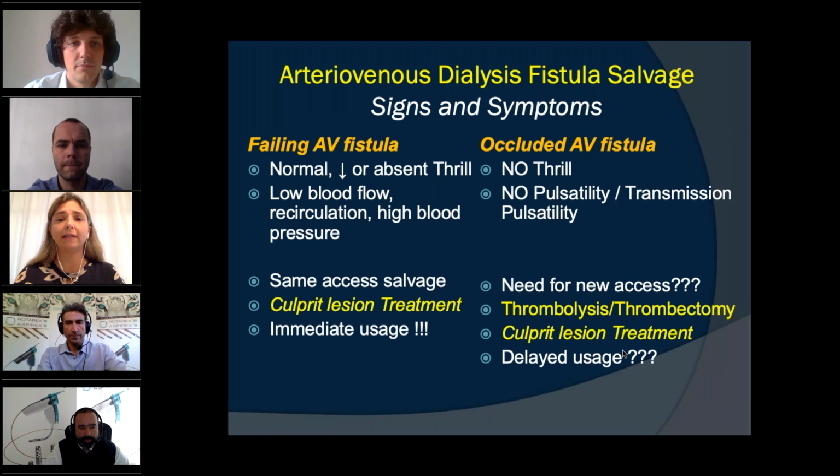Considering failing fistulas and occluded fistulas, the subject of this lecture is the occluded ones. We should always try to treat them before they occlude, because when they occlude, we also have to do the debulking process, the thrombolysis or thrombectomy.